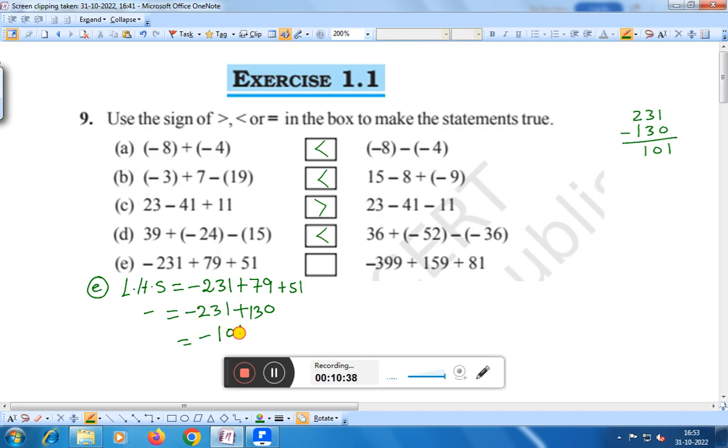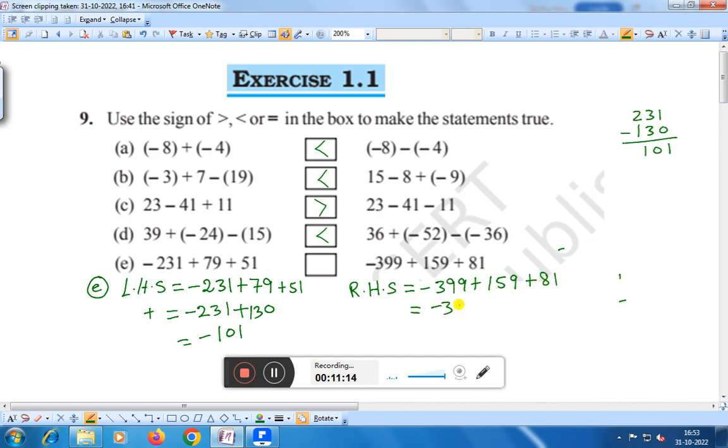Here we got minus 101, right? Now RHS, right hand side. RHS is equal to minus 399 plus 159 plus 81.